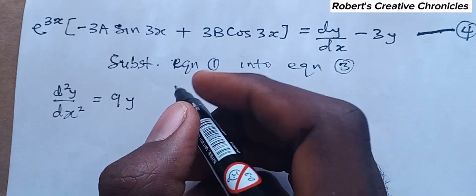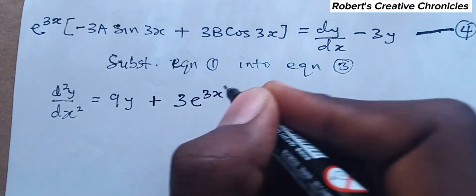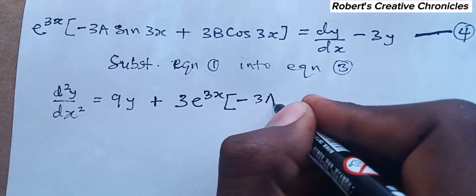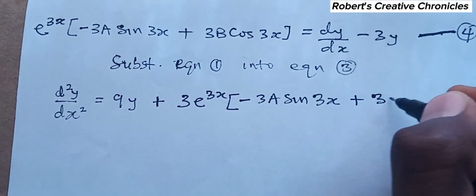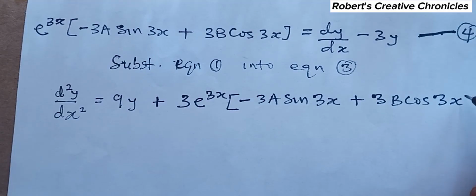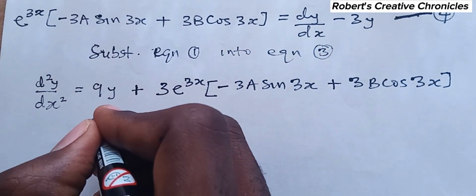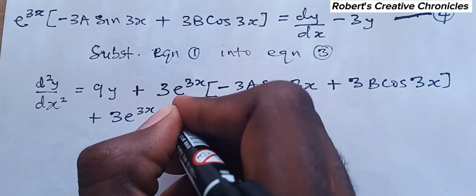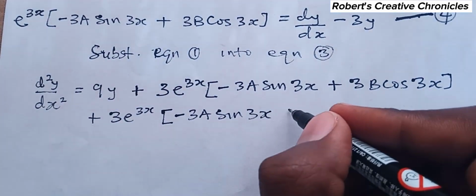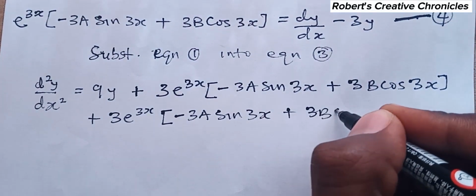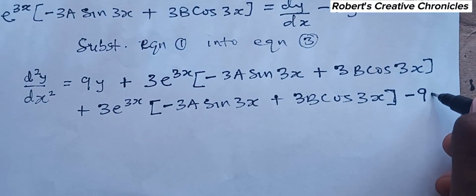So it becomes 9y plus 3e^(3x)(minus 3a sin 3x plus 3b cos 3x) plus 3e^(3x)(minus 3a sin 3x plus 3b cos 3x) minus 9y.